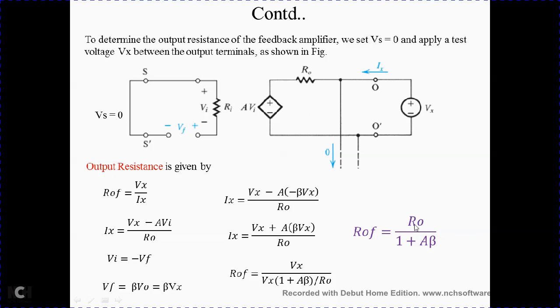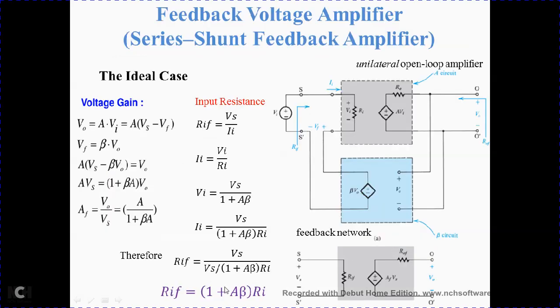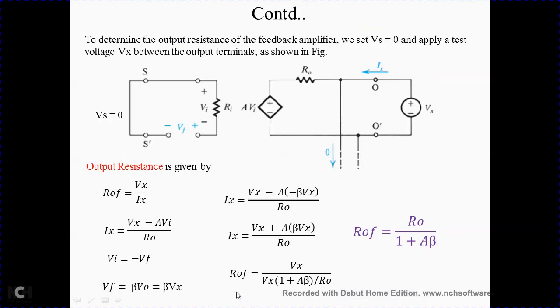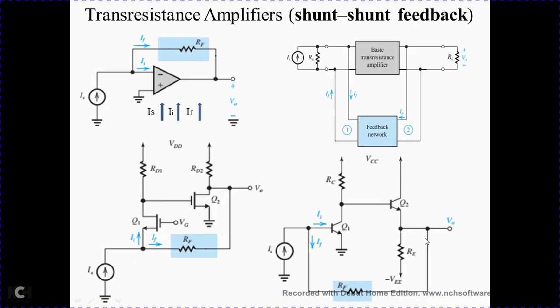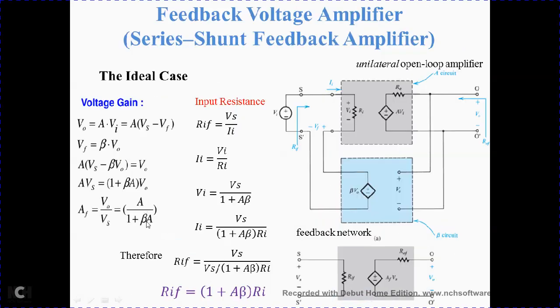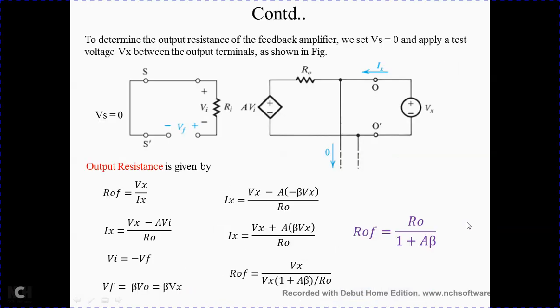R0 is the output resistance without feedback. This is a common factor in most of the expressions. In the input section it is increased by the factor, in the output section it is decreased by the same factor, and the gain is also reduced by the same factor. Please remember that is how you should remember the expressions.